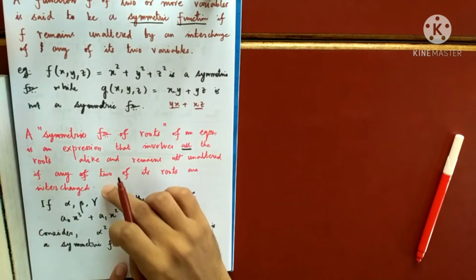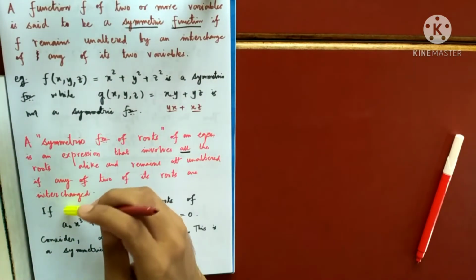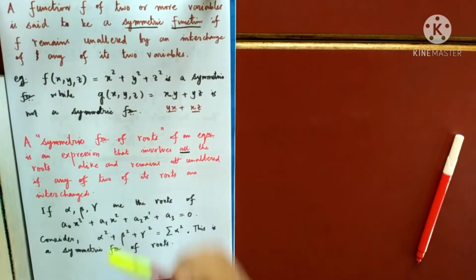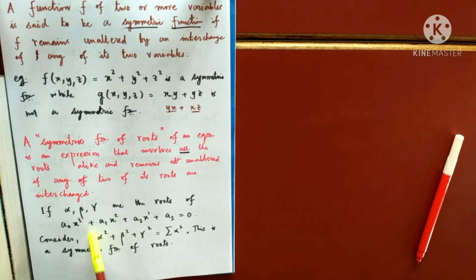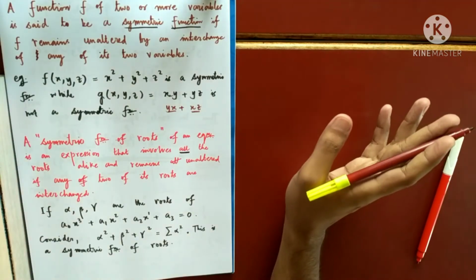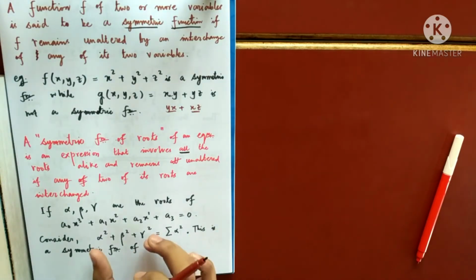Now what we want to do, without actually knowing the values of the roots. If the values of the roots are known, you can easily find this function or this value. What is the value of this function when alpha equals something, beta equals something, gamma equals something? So when the values of the roots are known, you can find the values of the symmetric function of roots.